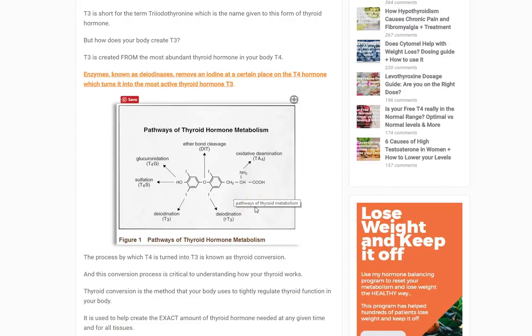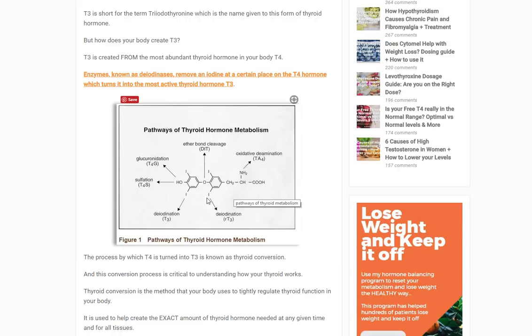What I'm trying to show you here is that there are certain enzymes in the body, and this I right here stands for iodine. So basically the body, through an enzyme called deiodinase, removes iodine in certain areas, and depending on where that iodine is removed, it changes the action, the shape, and the function of thyroid hormone.